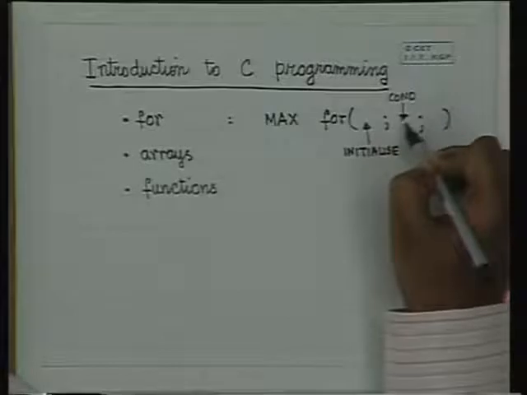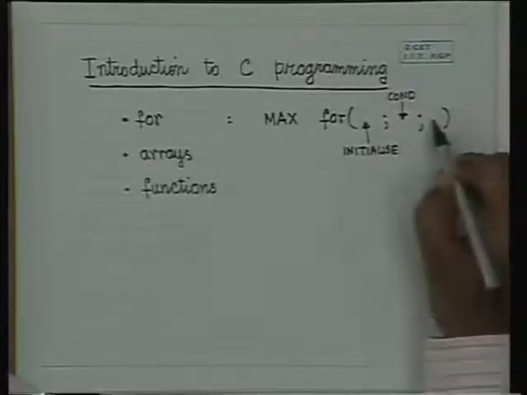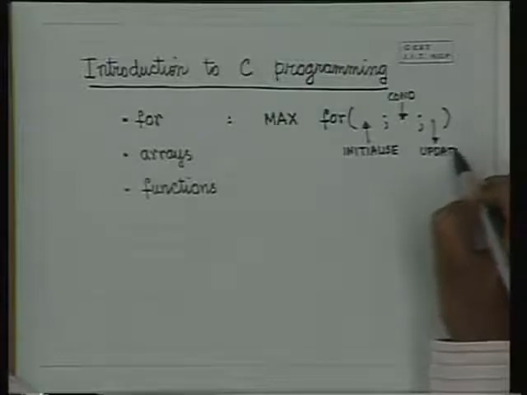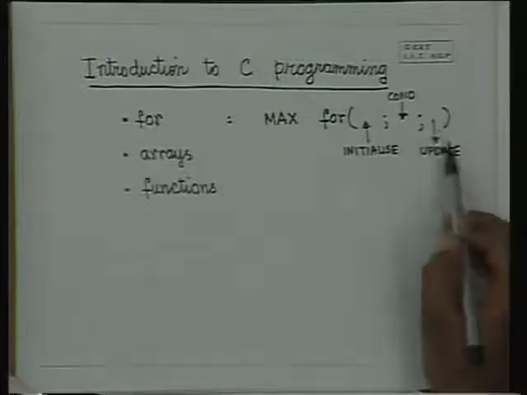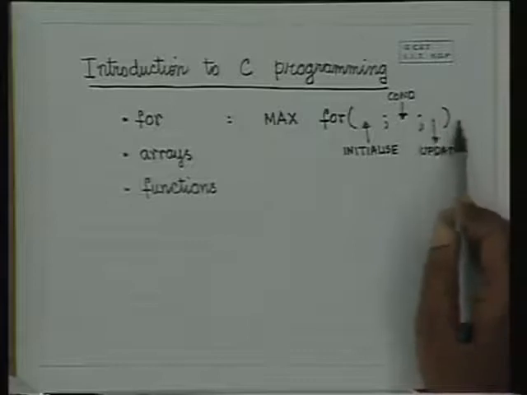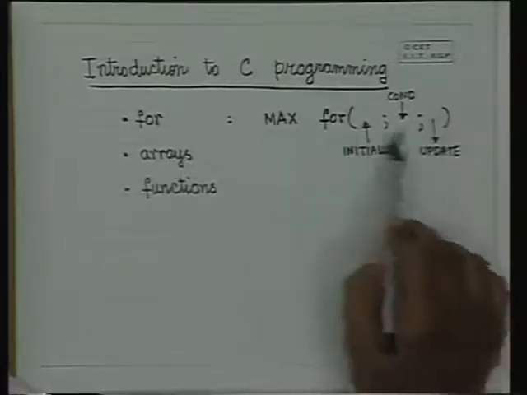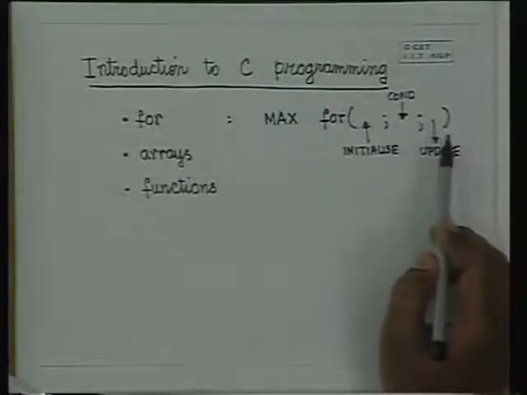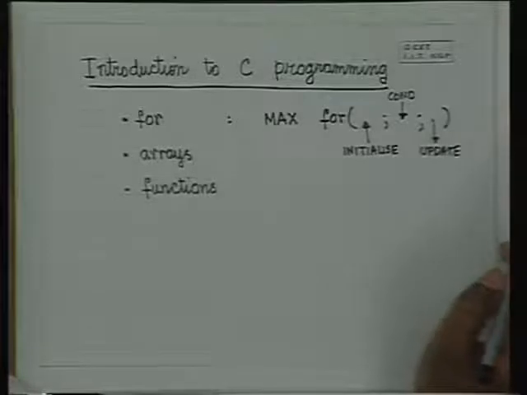If this condition is true, only then it will go into the loop, and this is the loop update, that is what are the actions that will take place at the end of the loop. And you have to explicitly update it, unlike Fortran where you can write do I equal to 1, 10, 2, things like that. Automatic update of the variables doesn't take place. You have to explicitly update the variables in a for statement.